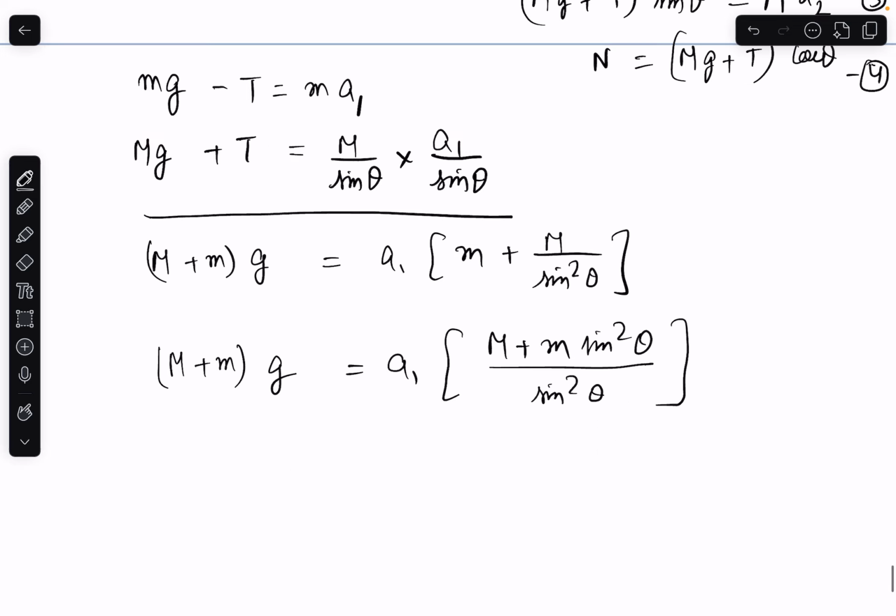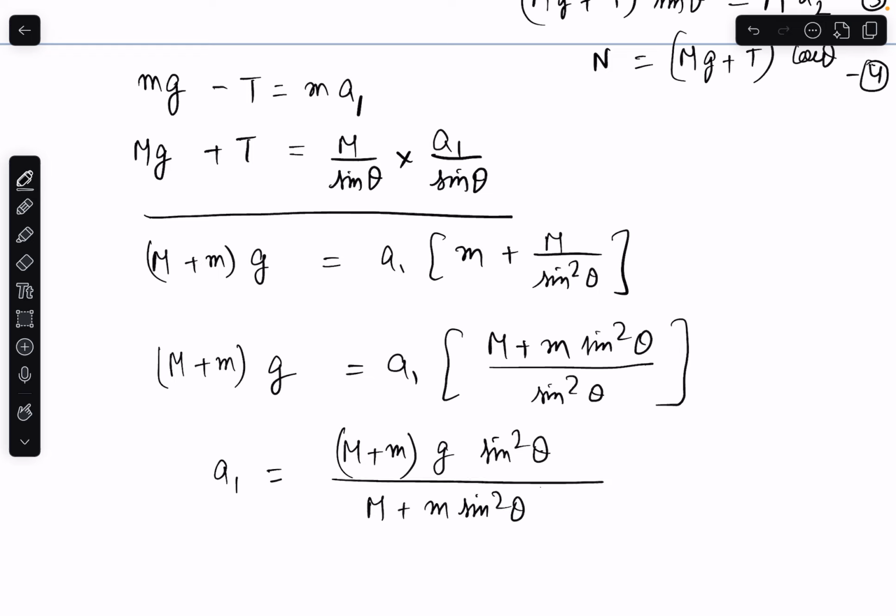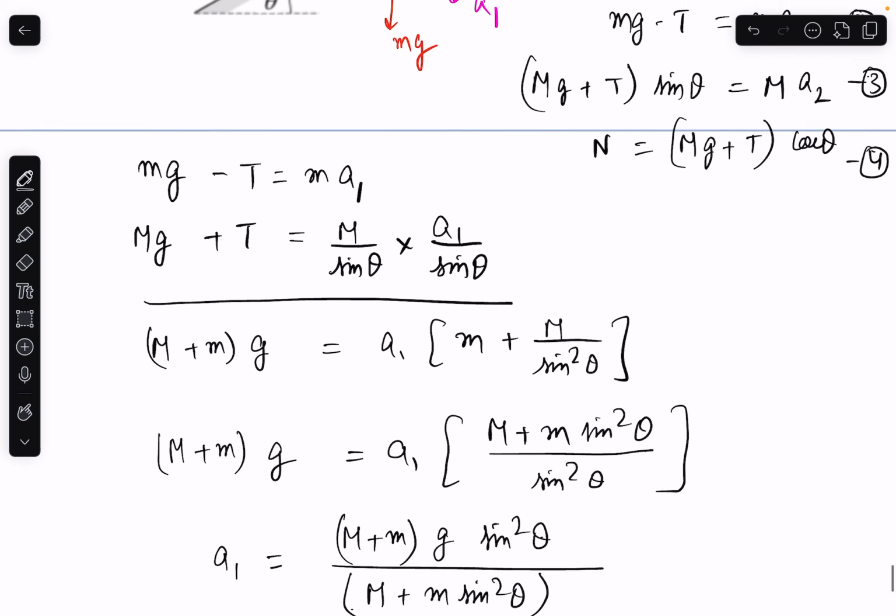And from here we can directly write the value of a1, the acceleration of the hanging ball just after release. So this will be (M plus small m) into g into sin square theta, we can cross multiply, divided by (capital M plus small m sin square theta). So this will be the acceleration of the hanging ball.